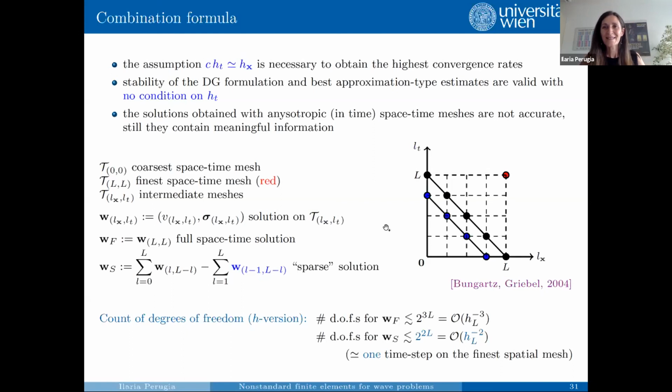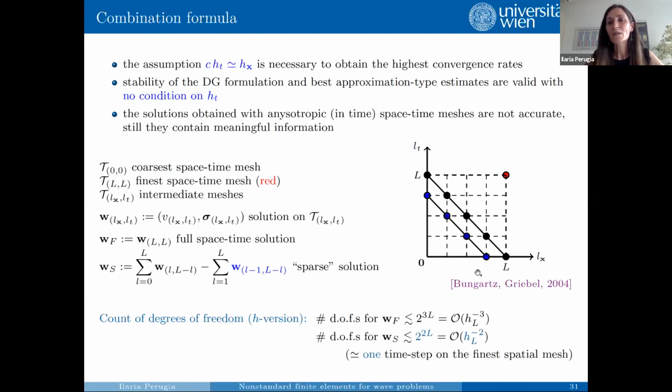So I assemble what people call the sparse solution. The full solution will be the red one that I don't compute. And then I assemble this sparse solution. What can be seen is that this sparse solution has the same accuracy as the full solution.